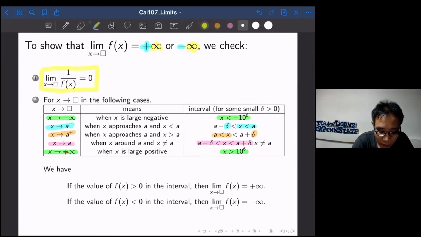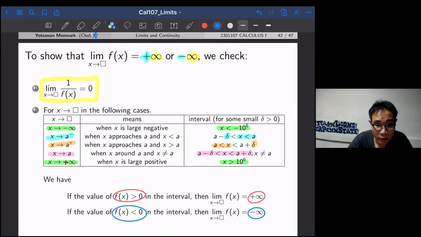So you see the correspondence here: f(x) positive gives positive infinity. If f(x) is negative, it's going to be negative infinity. So this is what you have.